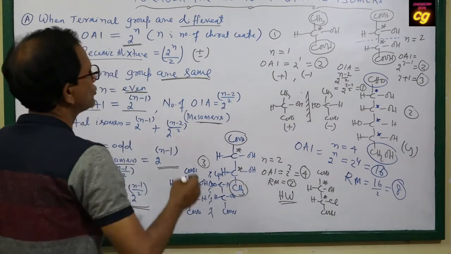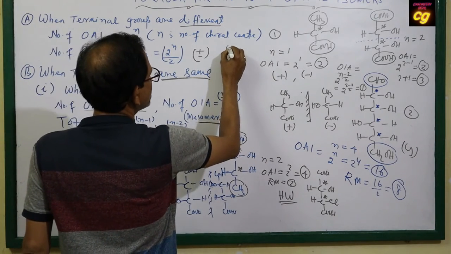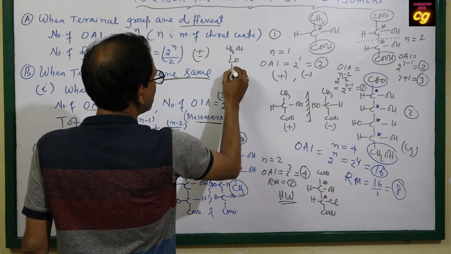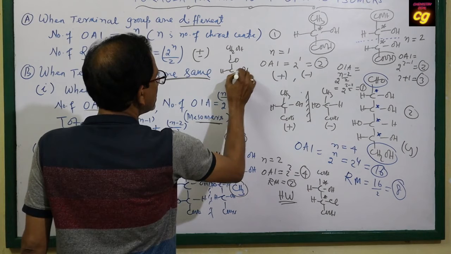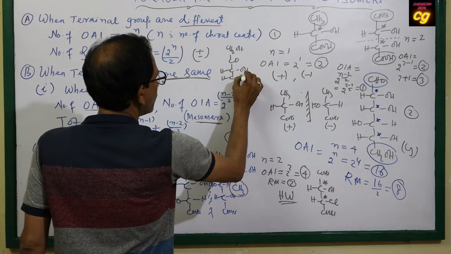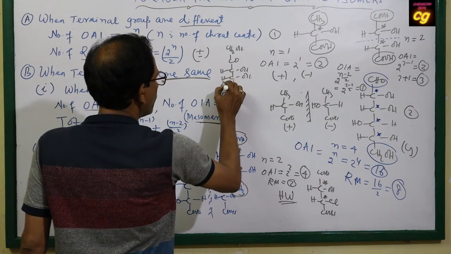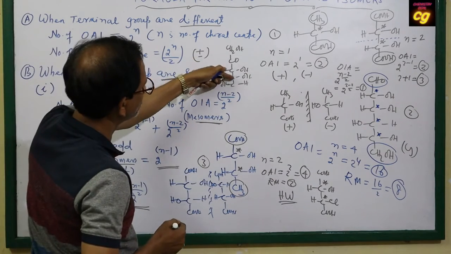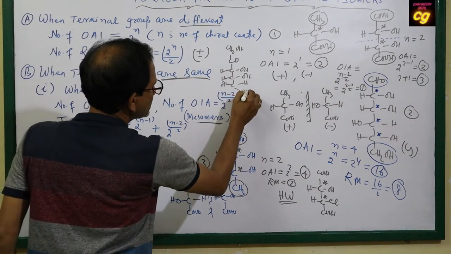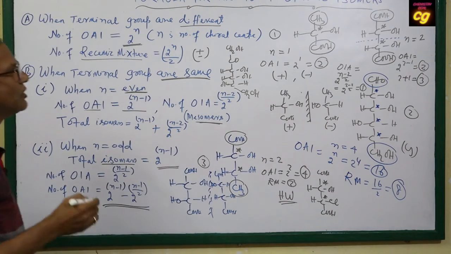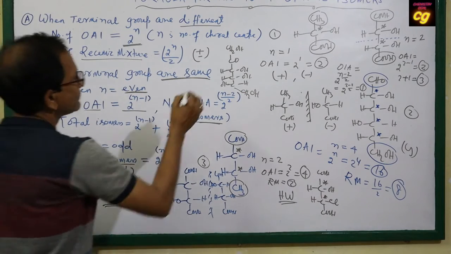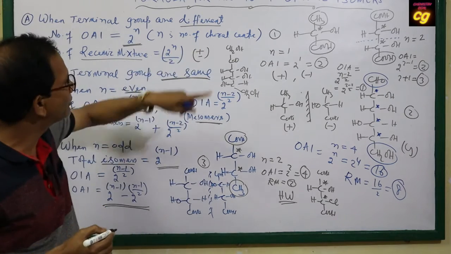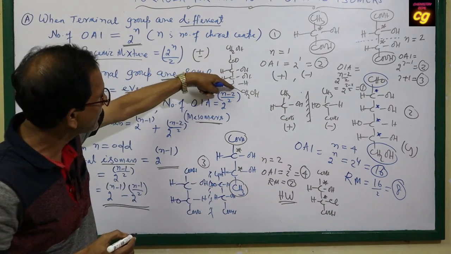If you take fructose also, this is the fructose formula: CH2OH and CO, then HOH, then HOH, then OH, then carbons 1 2 3 4 5, and the last one is CH2OH. This is the structure of fructose, and fructose also contains 6 carbons.